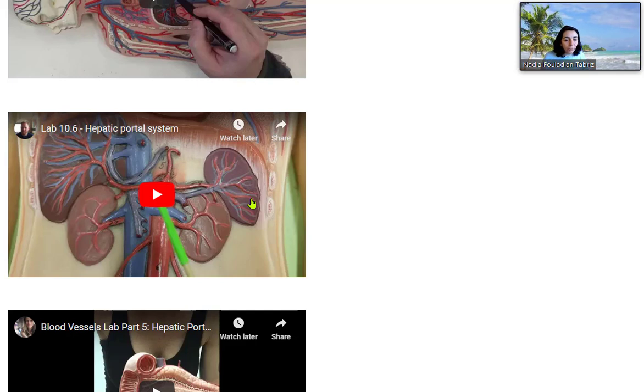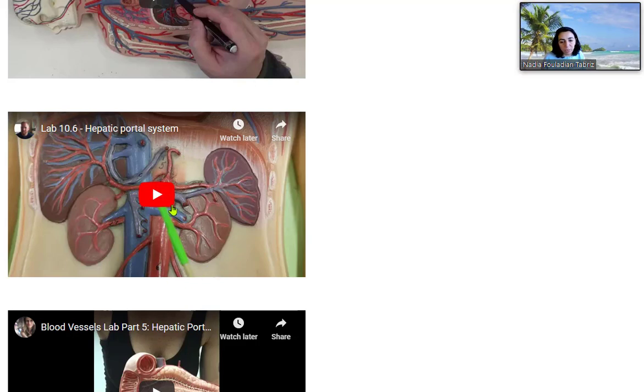In the capillaries, all the material from the digestive system, like the glucose, after breaking down into the smallest units, like glucose, fructose, and all those things, they get back into the blood, to the capillaries, and they get to the vein. Those veins of the digestive system, when they get back, form a specific system that we call the hepatic portal system, that I'm going to explain a little bit, why we call that one.